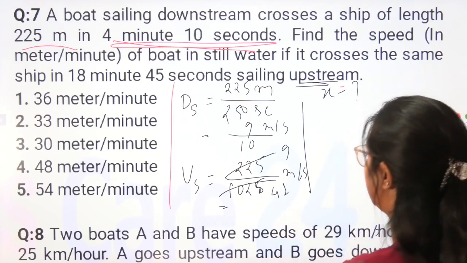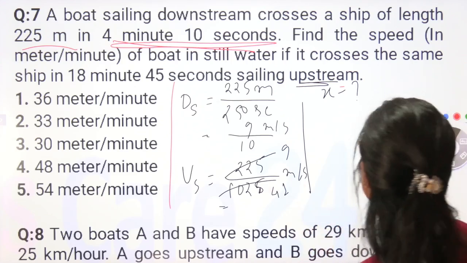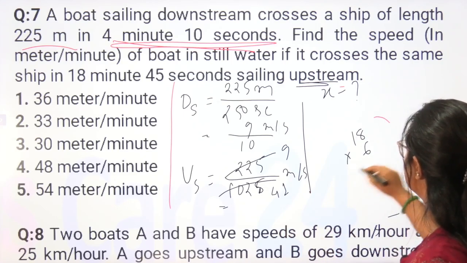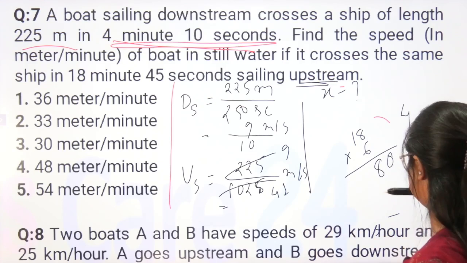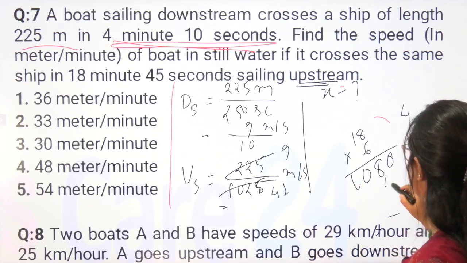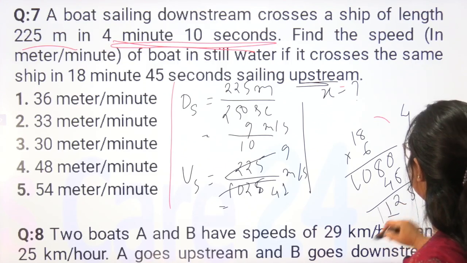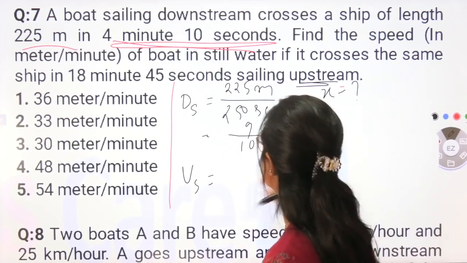But is my seconds value correct? 18 into 60 is 1080, and adding 45 gives 1125. It must be 1125, not 1025.